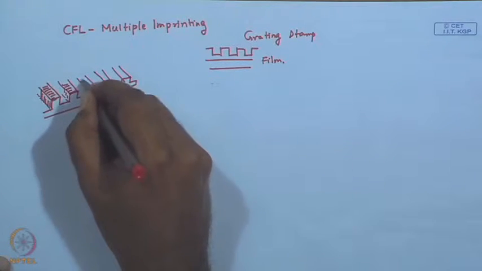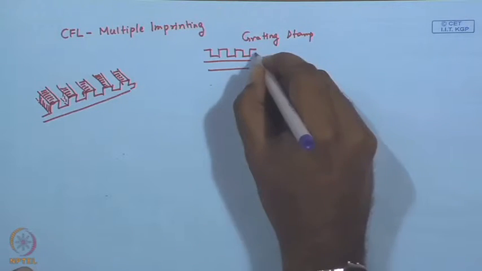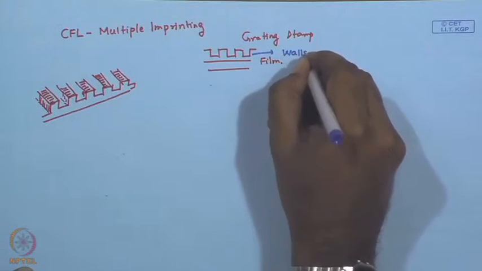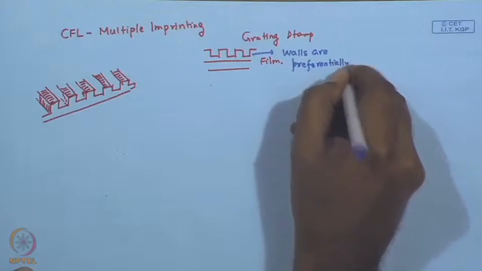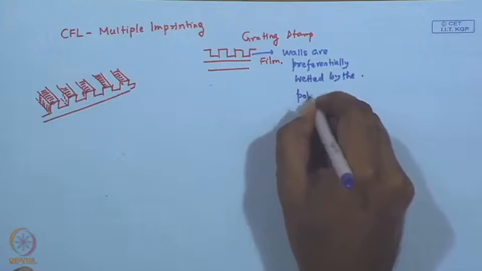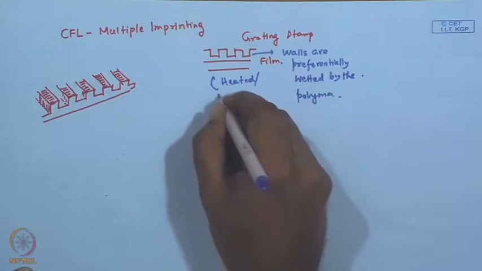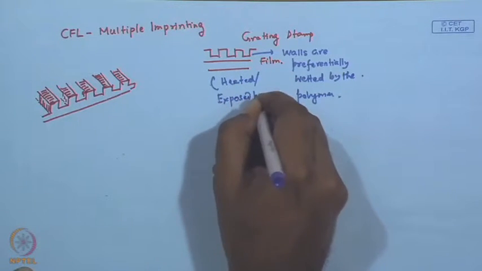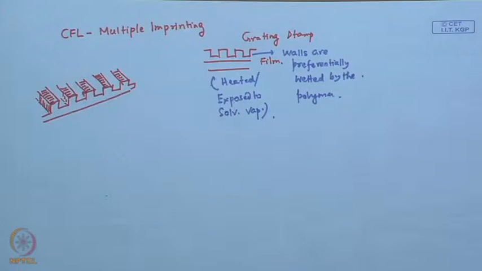All you need is a stamp, the walls of which are preferentially wetted by the polymer, which is either heated or exposed to solvent vapor, so that it is in a liquid stage, and you can simply get a grating structure.